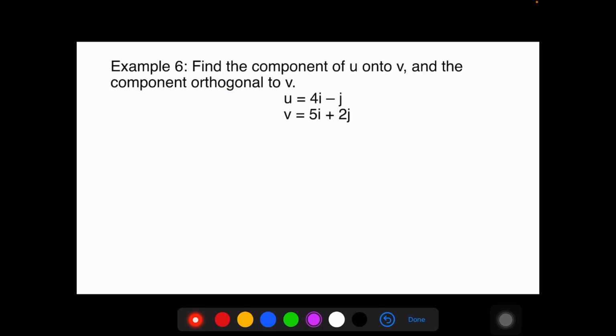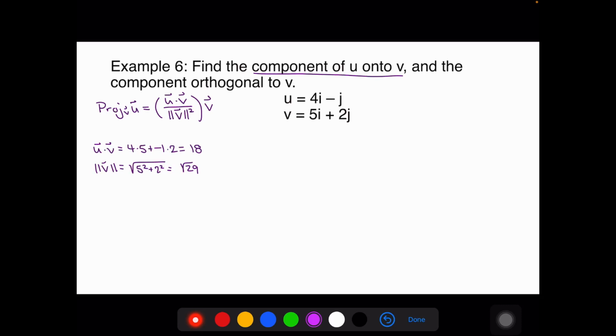Let's do one more example. In this example, we are going to find the component of u onto v, and then the component orthogonal to v. Let's start by finding the component of u onto v. That's just another way of saying let's find the projection of u onto v. I've jotted down my formula. I have to compute u dot v over magnitude of v squared, times vector v.